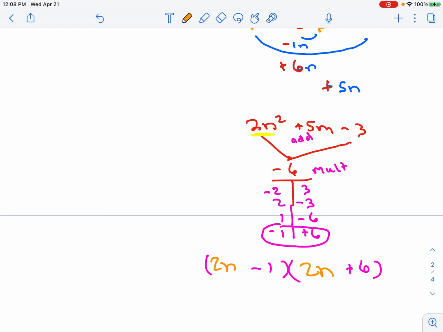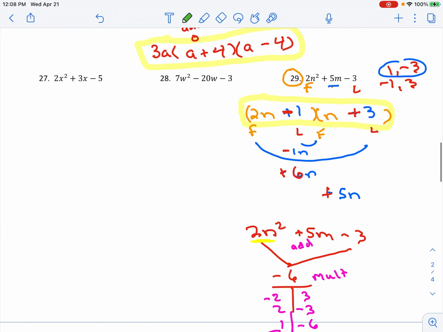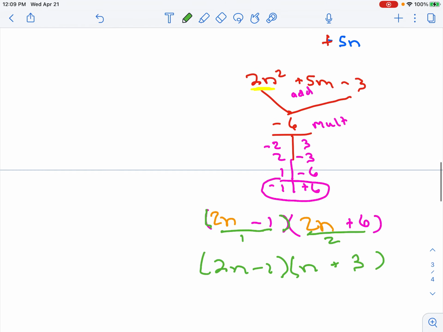Now, some teachers call these fake factors. I'm not a big fan of that language, but if we divide this parenthesis right here by a greatest common factor between these two terms, there is no greatest common factor except 1. So that parenthesis stays the same. If I divide this by a greatest common factor that I have of 2, then I would get n plus 3.